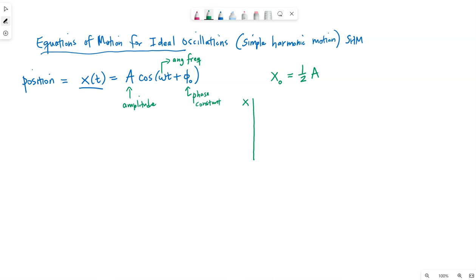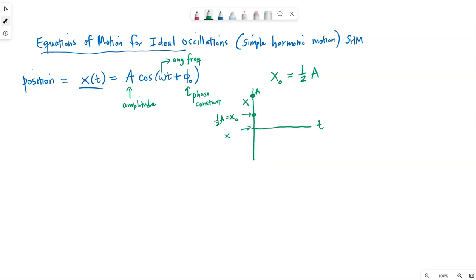If we were graphing position versus time, A would be up here, and this would be the initial position of 1/2 the amplitude.